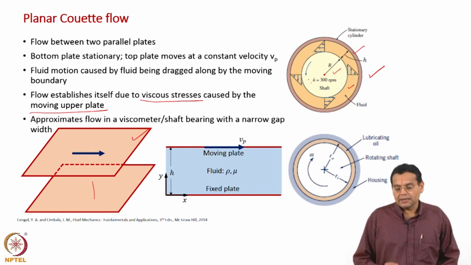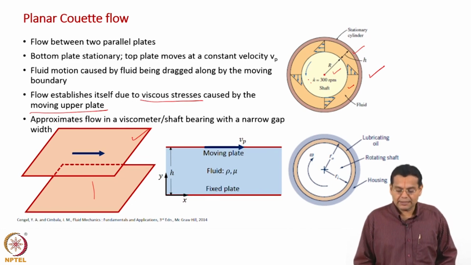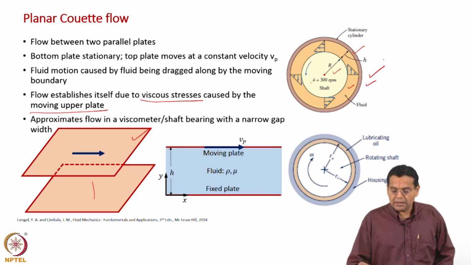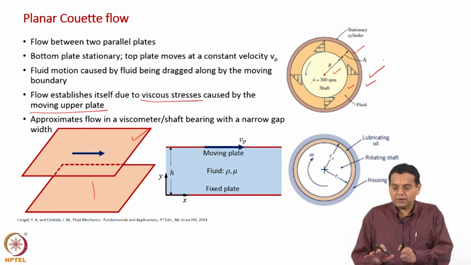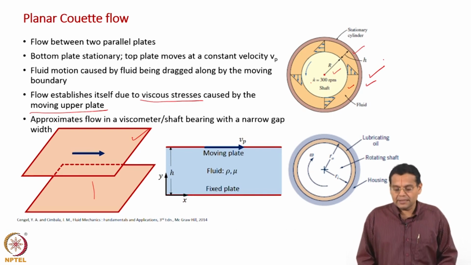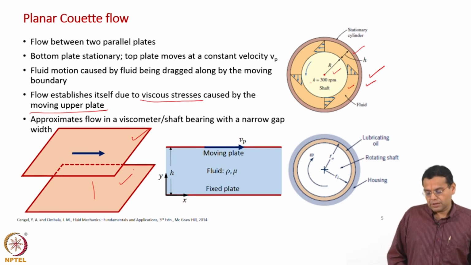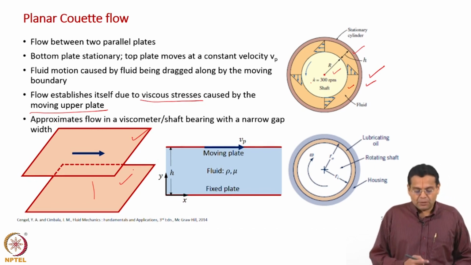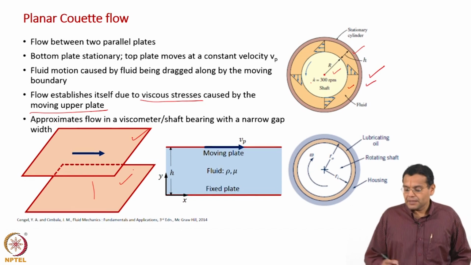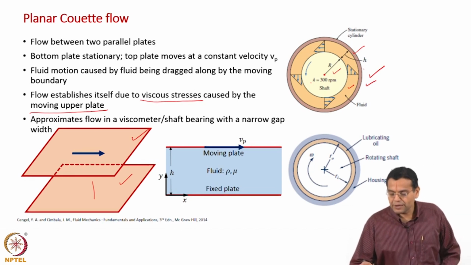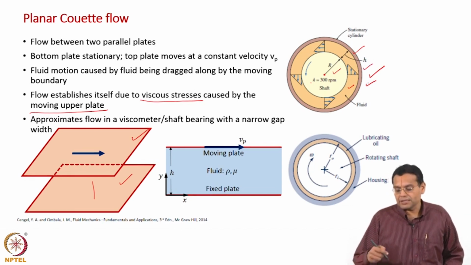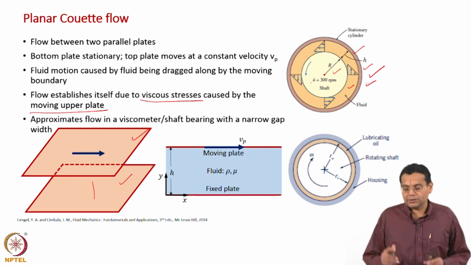We measure the torque and use that to calculate viscosity. This is the actual Couette flow, which is a flow between two coaxial cylinders. Our geometry is flow between two parallel plates, one moving, the other stationary. Here again the flow is between two cylinders, one rotating, the other stationary. So, in that way they are analogous.